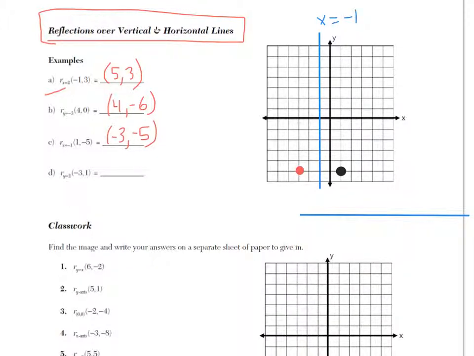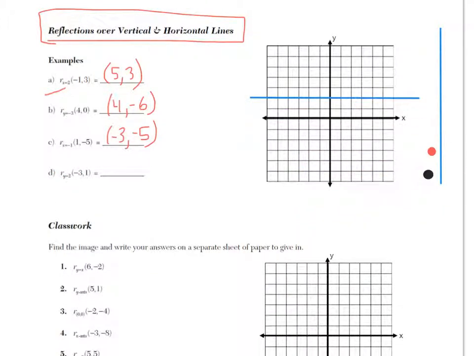All right, let's clear our board and move all my points over. Okay, my line of reflection for my last problem is y equals 2. So that's going to be a horizontal line at y equals 2.